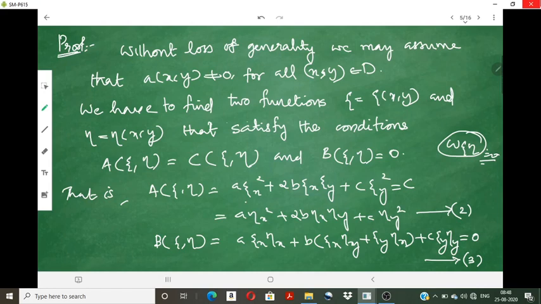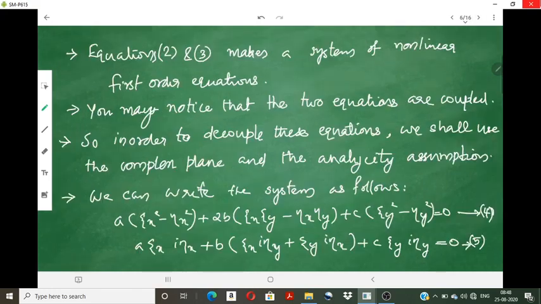Now the second equation is A theta x eta x plus B theta x eta y plus theta y eta x plus C theta y eta y equal to 0. We multiply this equation with the complex number I. So we get A theta x into I eta x plus B into theta x I eta y plus theta y I eta x plus C into theta y I eta y equal to 0.